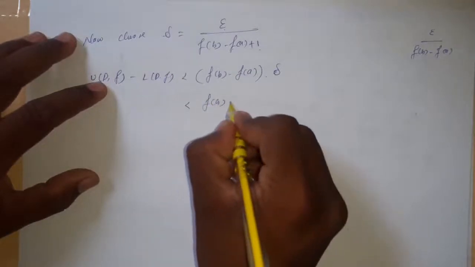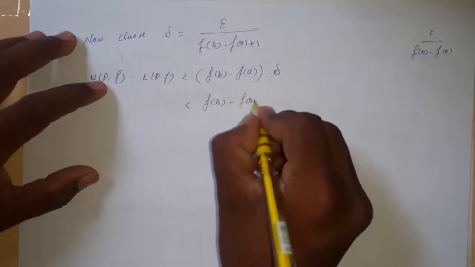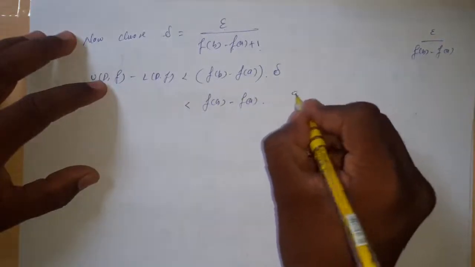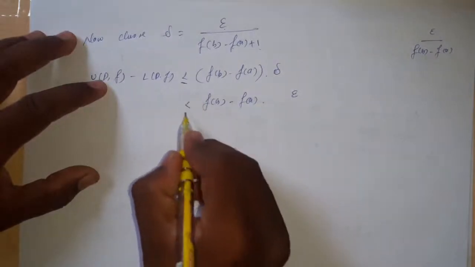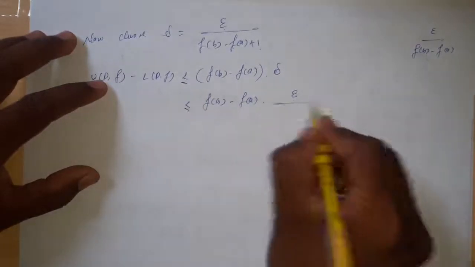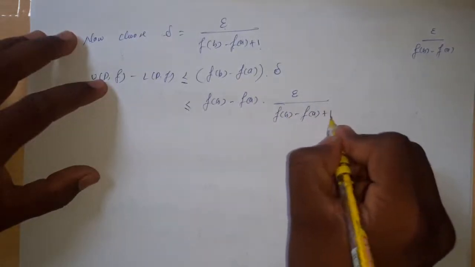f of b minus f of a into epsilon divided by, so here it is less than or equal to, f of b minus f of a plus 1.